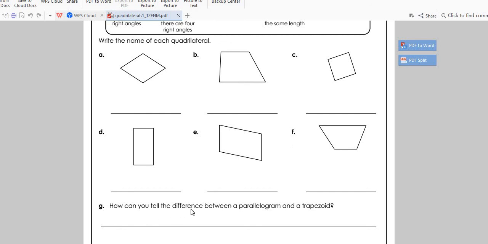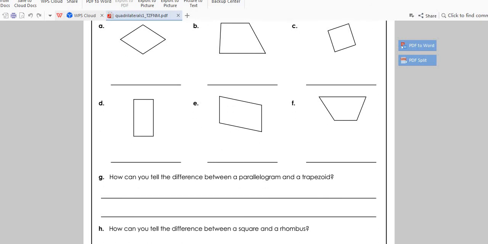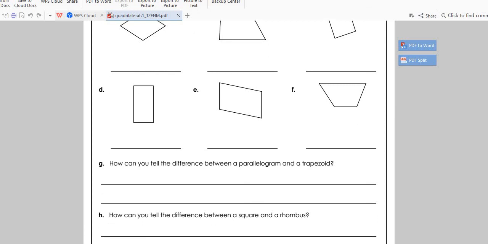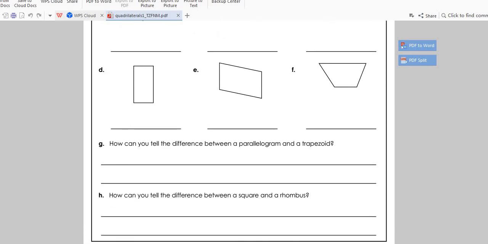How can you tell me the difference between a parallelogram and a rhombus? What do you think, habibi? In the parallelogram, each two opposite sides are equal and parallel, and in the trapezoid, only one pair of sides is parallel. Don't forget.